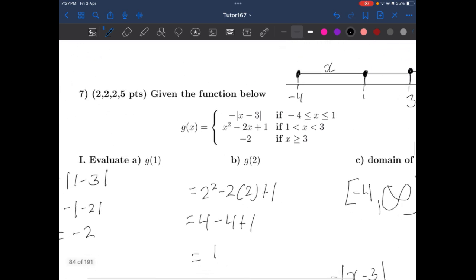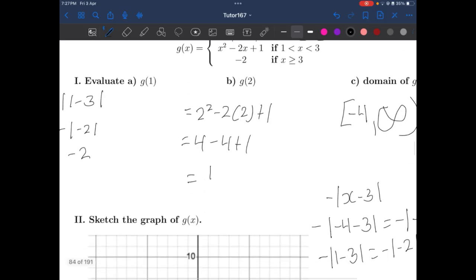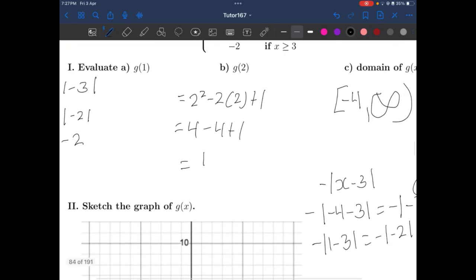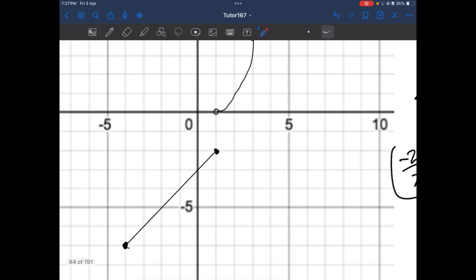Now our last one is going to be negative 2. So it's just saying for whatever value of x, the answer is just negative 2. So that's just a straight line going through negative 2, starting at positive 3. So this is negative 2 here. And then it's starting at positive 3, so right here.